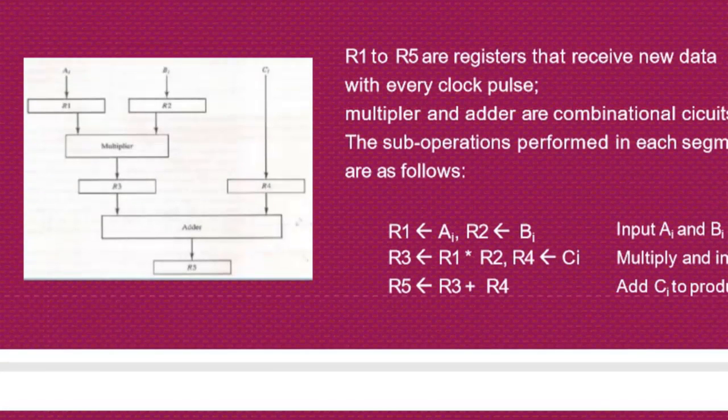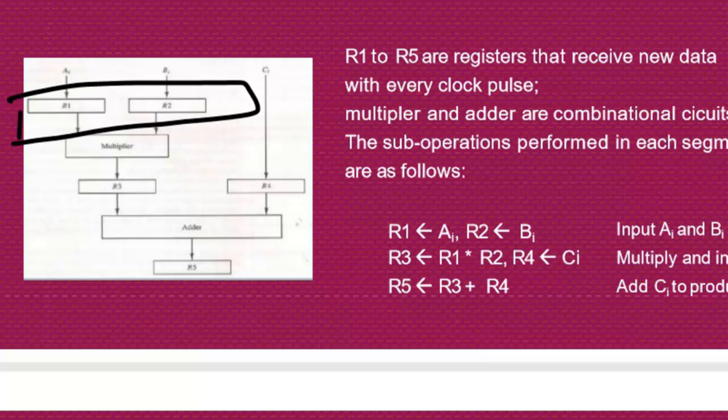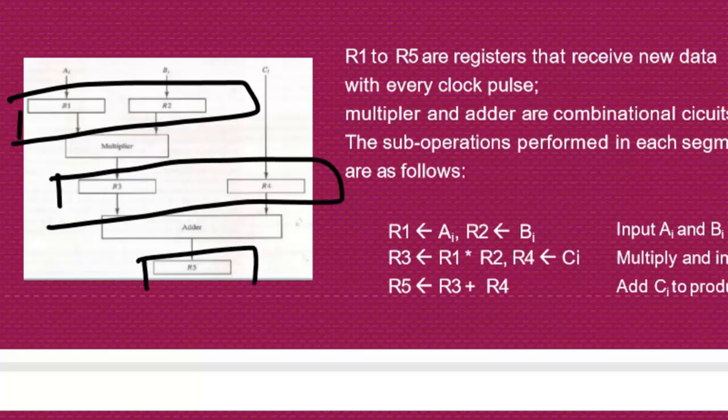in the previous example, we discussed the segment architecture of pipeline. Here, there were three pipeline segments. This is the first pipeline segment, this is the second pipeline segment, and this is the third pipeline segment. Here you can see the value of A, B, C ranges from 1 to 7.